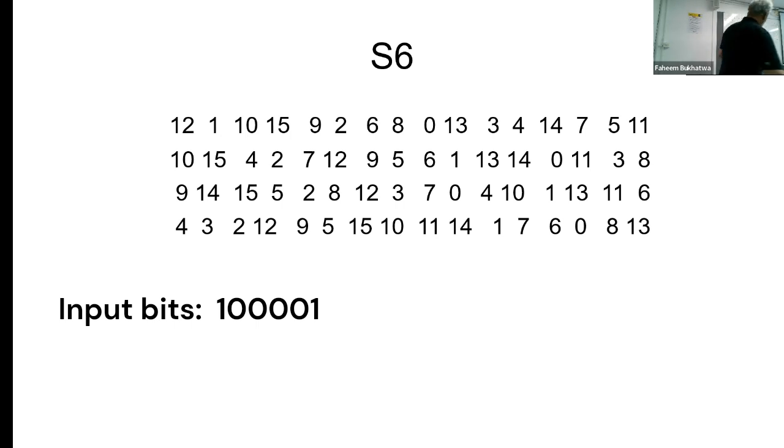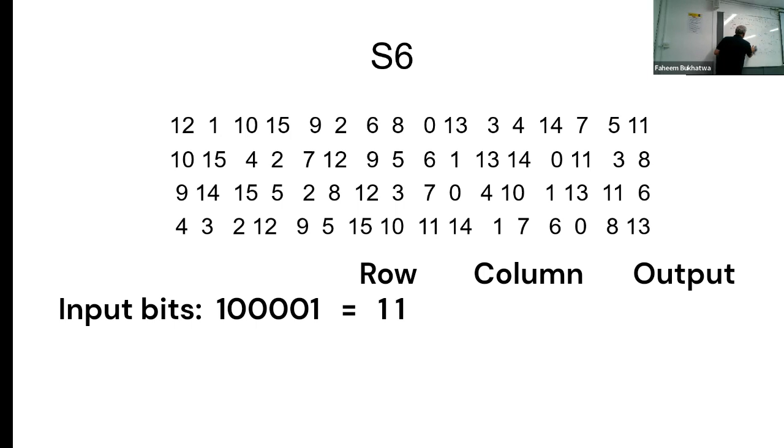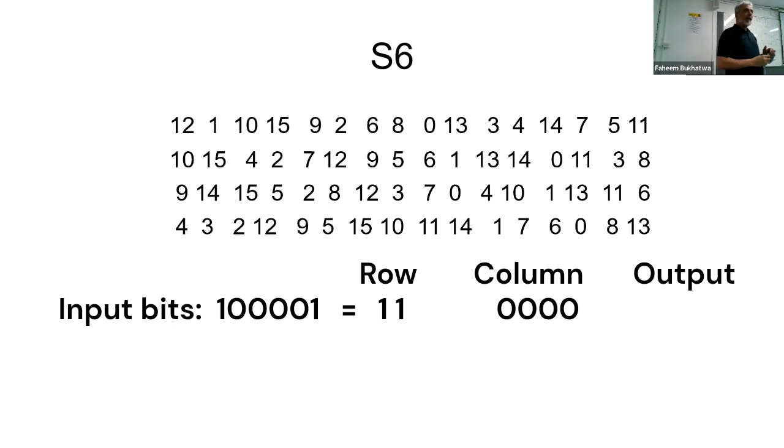Now, the first bit and the last bit represent the row, and the bits in the middle represent the column in this box. Wherever they intersect, that value comes out as the output instead of this input.